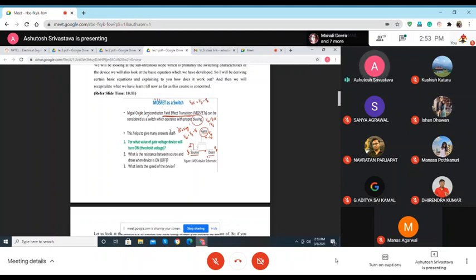If the external bias is a positive bias, then the depletion width will squeeze down. And if the external bias is a negative bias, then the depletion width will increase.